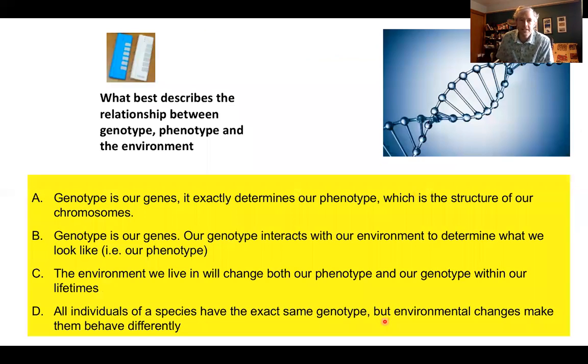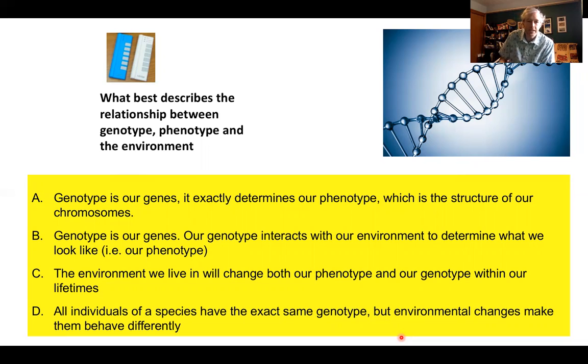So after that little bit, let's do another little fake clicker question. What best describes the relationship between genotype, phenotype, and the environment? Is it A, genotype is our genes, it exactly determines our phenotype, which is the structure of our chromosomes? Is it B, genotype is our genes, our genotype interacts with our environment to determine what we look like, i.e. our phenotype?